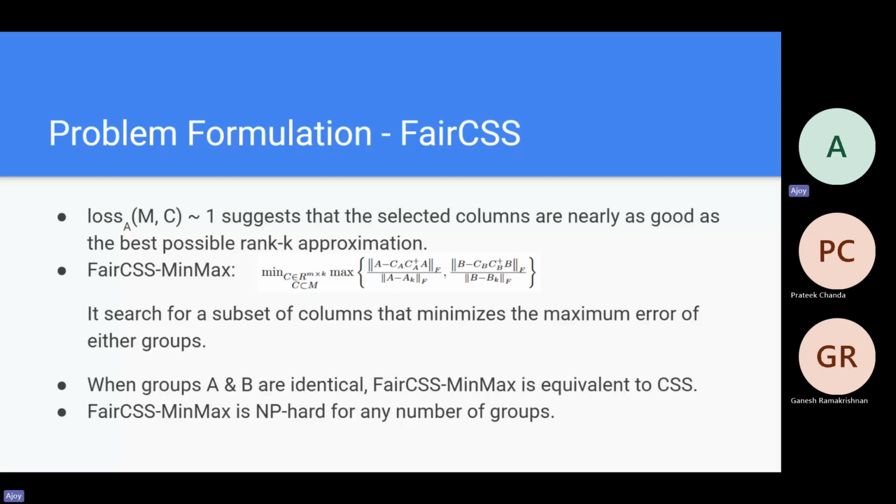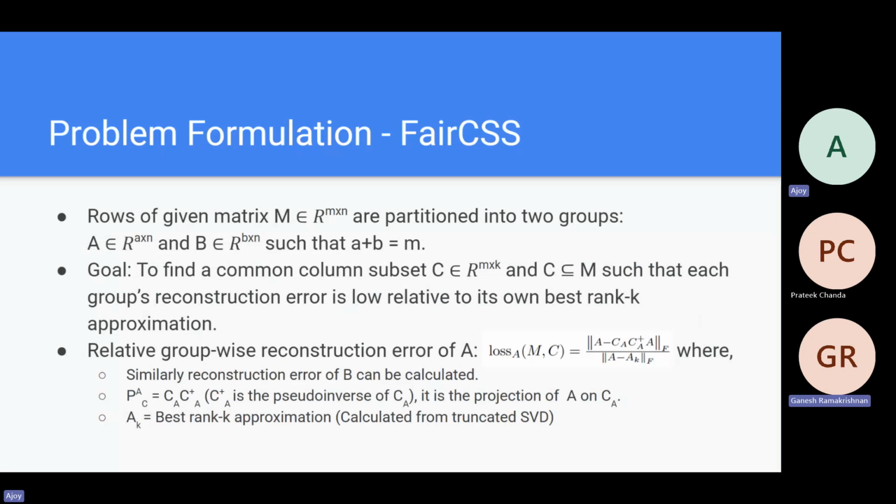I mean, we are not taking relative of one group. Rows of the matrix are partitioned into two groups, A and B, to find a common column subset C, where C is a subset of M. The column subset C is not a subset of A or a subset of B. It can span both A and B, right?